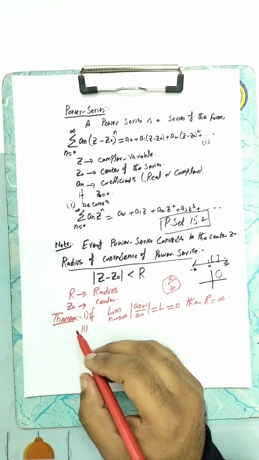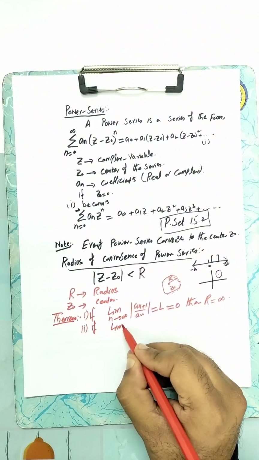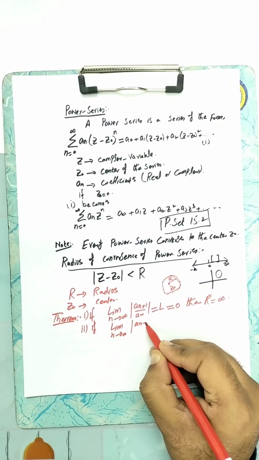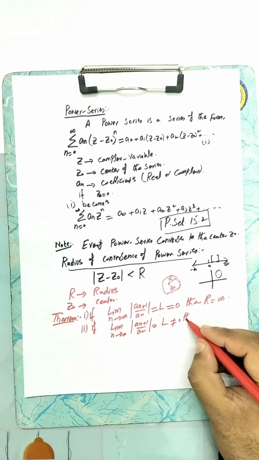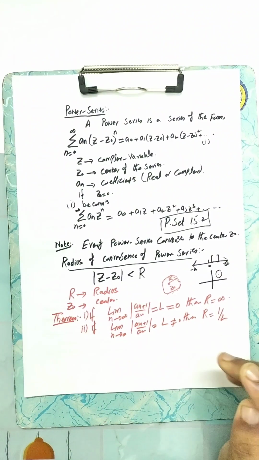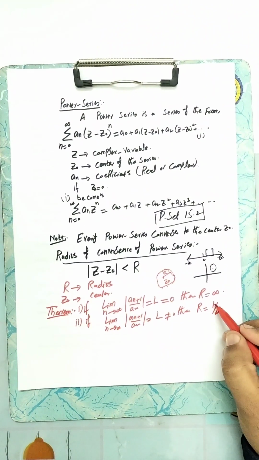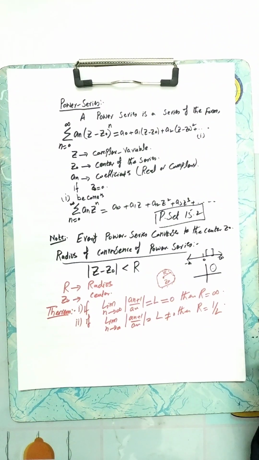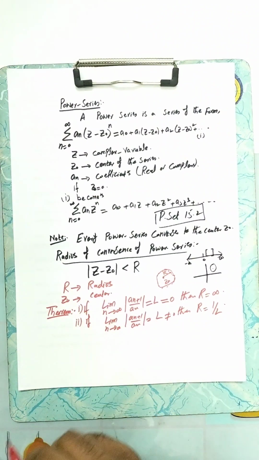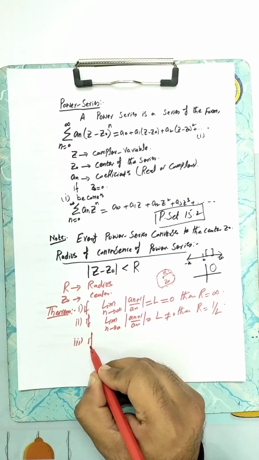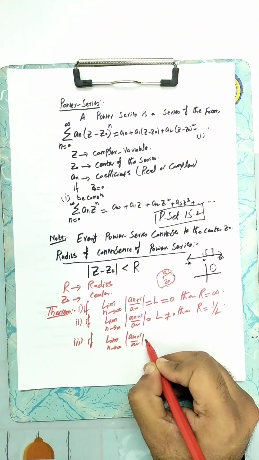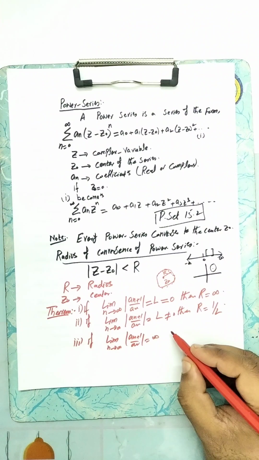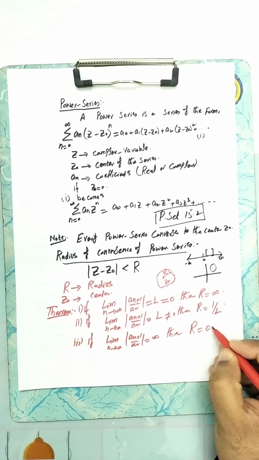The second case is if the limit as n approaches infinity of |a_(n+1) over a_n| is equal to L but not equal to 0, then the radius is equal to 1 over L. You just take the reciprocal of the limit, then we get the radius of convergence of the power series. The third case is if the limit of |a_(n+1) over a_n| is equal to infinity, then the radius is 0.